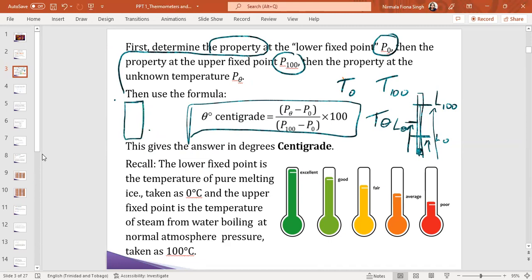Let's rationalize this out. If I want to work out what value this is from 0, this is going to be my theta. All it's going to be is this length divided by the length from 0 to 100. How easy is that?